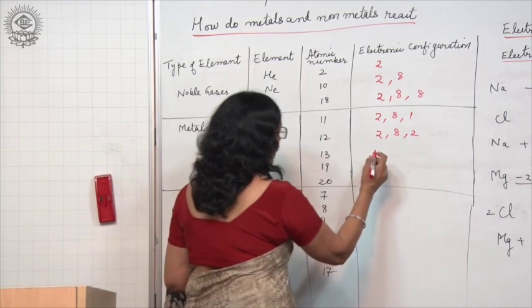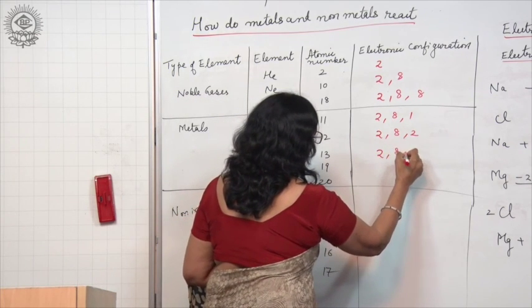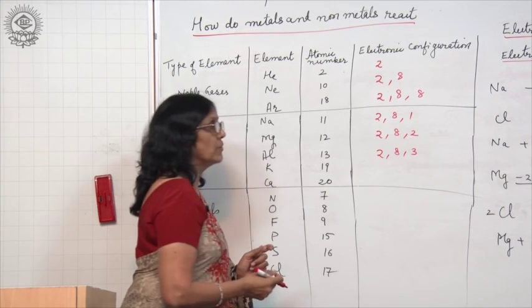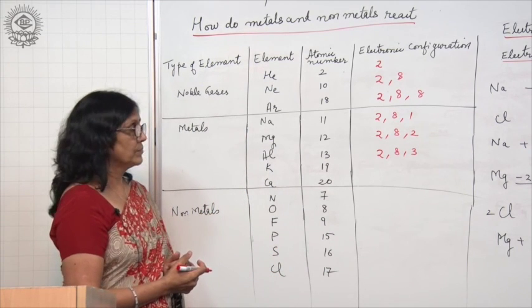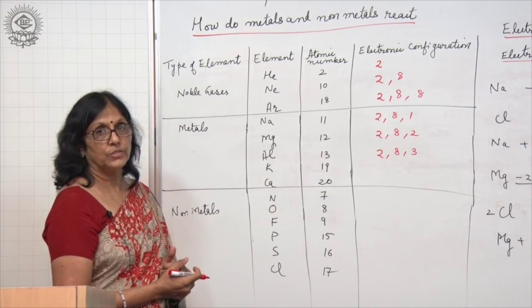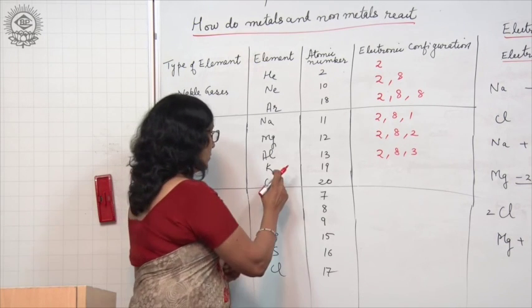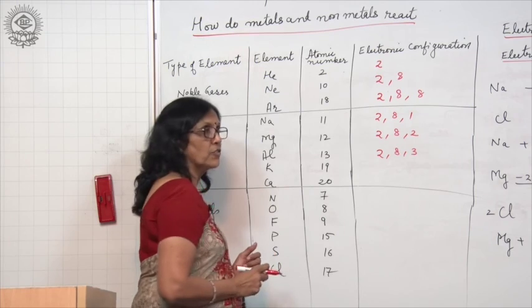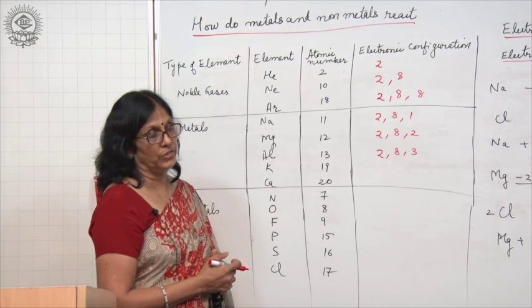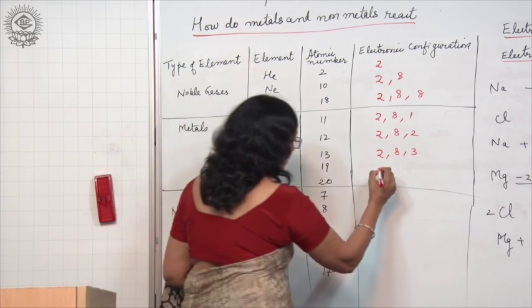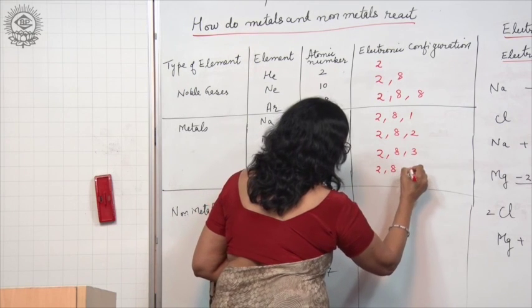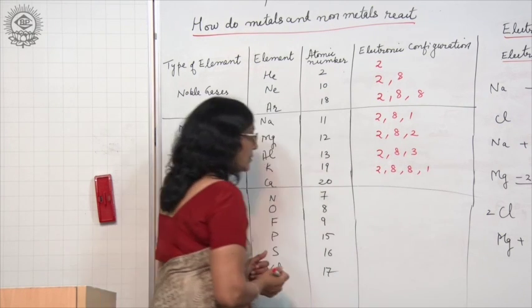Come to aluminium, its electronic configuration is 2, 8, 3, 3 valency electrons. This is also not having a stable electronic configuration. Now, let us take the case of potassium, which has 19 electrons. It has 4 shells. Its electronic configuration is 2, 8, 8, 1.